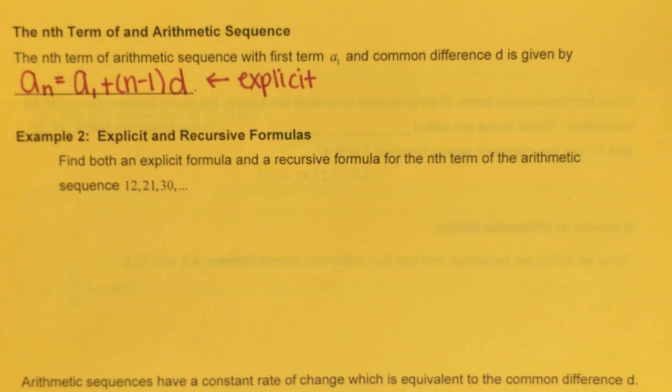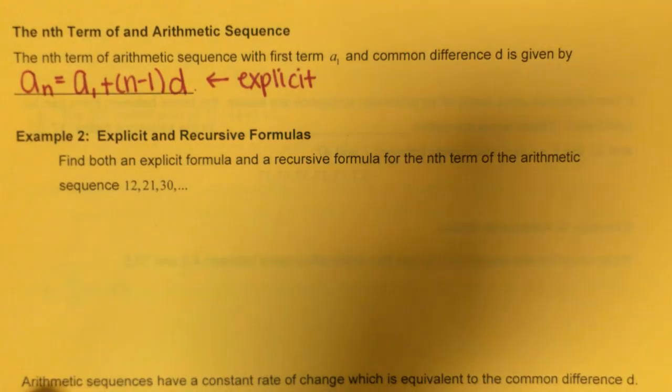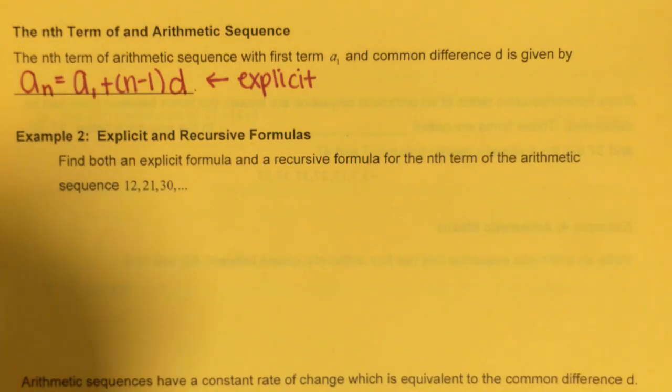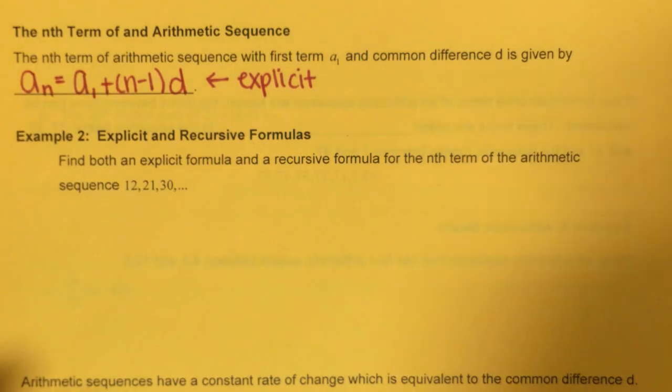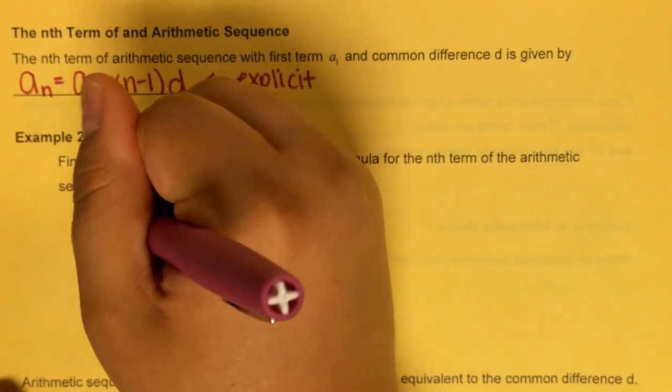So, explicit and recursive formulas. Find both an explicit and recursive formula for the nth term of this sequence. What's happening in this sequence here? It's adding 9.